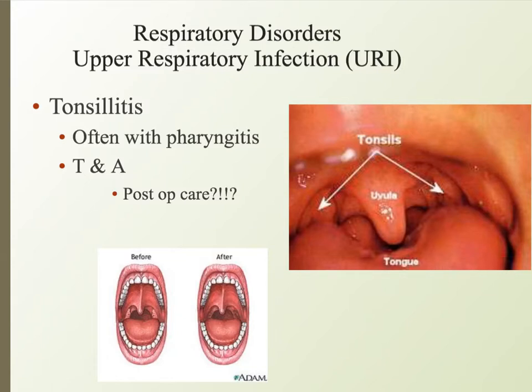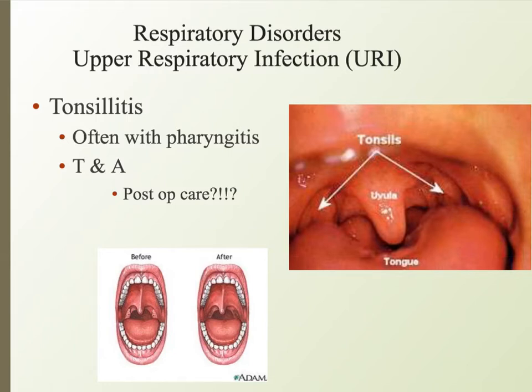If a child has chronic tonsillitis, we will eventually do a T&A, or a tonsil and adenoid removal. It varies from doctor to doctor. Some say if you've had 5 or more infections in a year, despite giving antibiotics and doing what you're supposed to, then we're going to remove them. Some will say if you have multiple years of them, just kind of listen to your doctor.